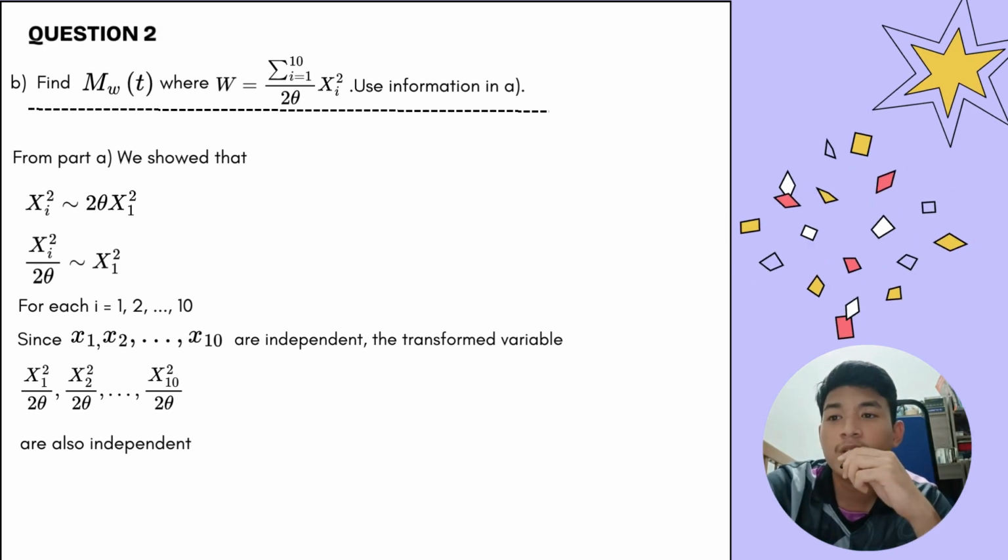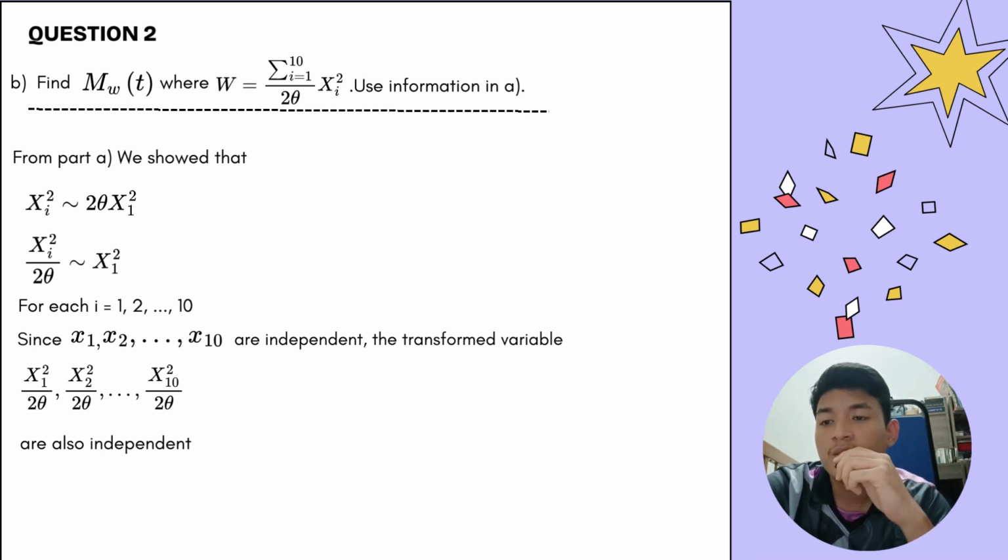For the next question, we need to find the moment generating function for W, where W is the summation of chi-square i over 2 theta, and we need to use the information in part A. From part A, we showed that each X_i squared over 2 theta follows chi-square 1, for i from 1, 2, 3 until 10.